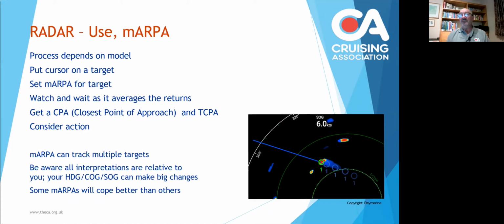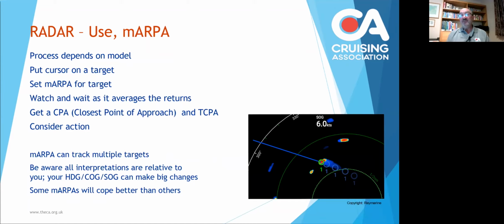Over a few scans, as your radar goes round, it will start to average the returns that it's getting and start doing some calculations. And it will give things like the course of that object, it will give the speed, but in particular it will give you the CPA, the closest point of approach. And it will also give you the time of closest point of approach.